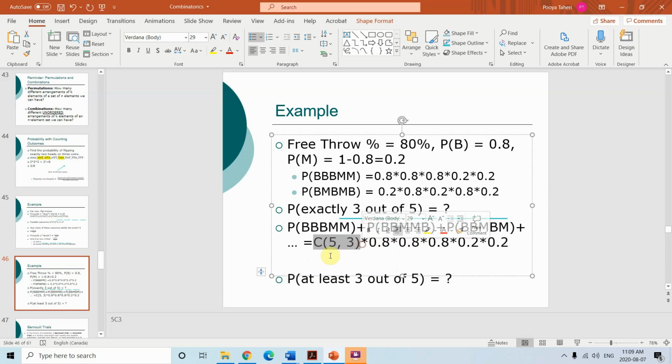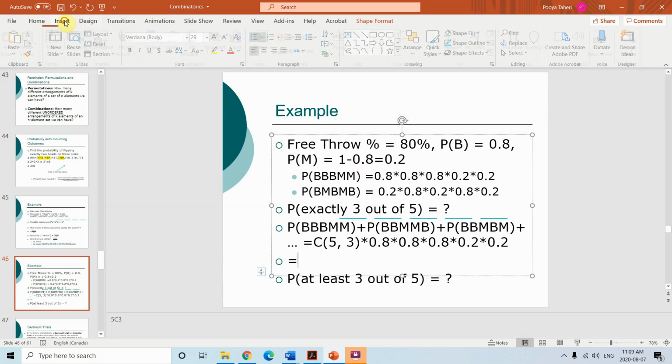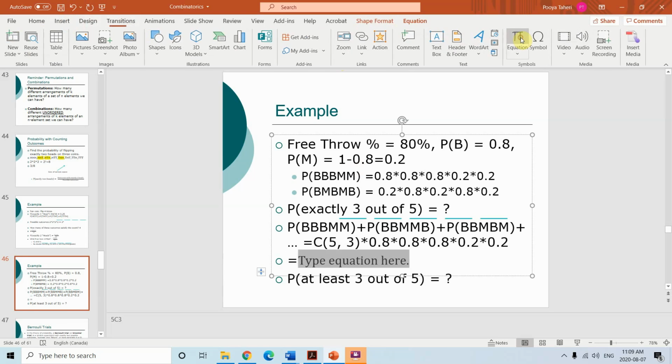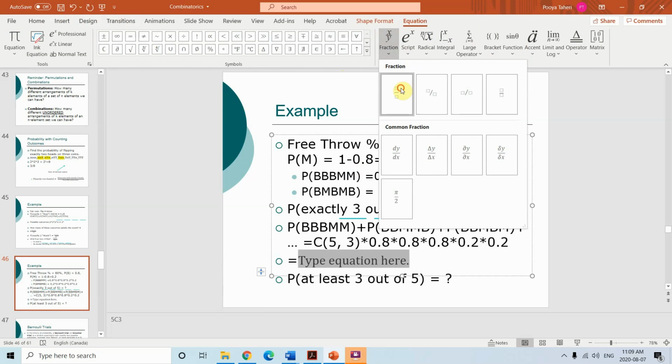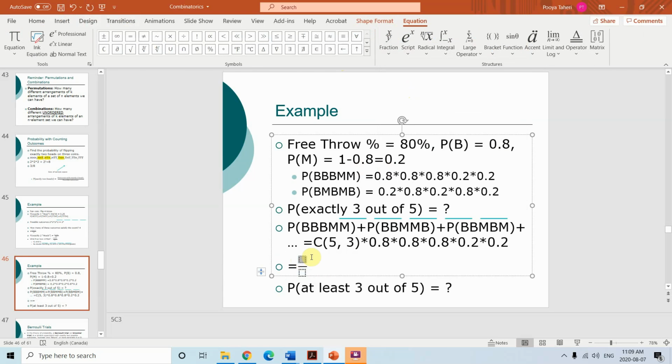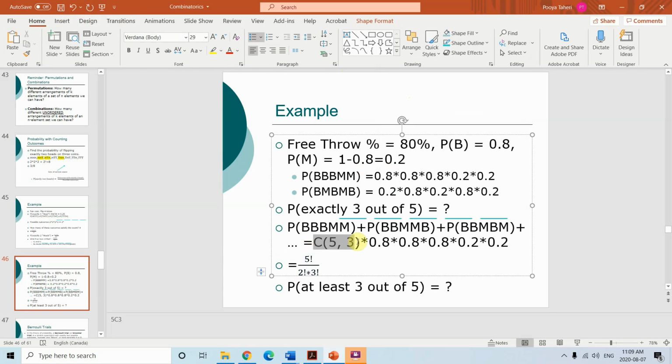So the answer to this question would be equal to C of 5 out of 3. Let me again use the equation here. It's going to be 5 factorial divided by 2 factorial times 3 factorial. That's how many sequences we can have with exactly 3 baskets and 2 misses.